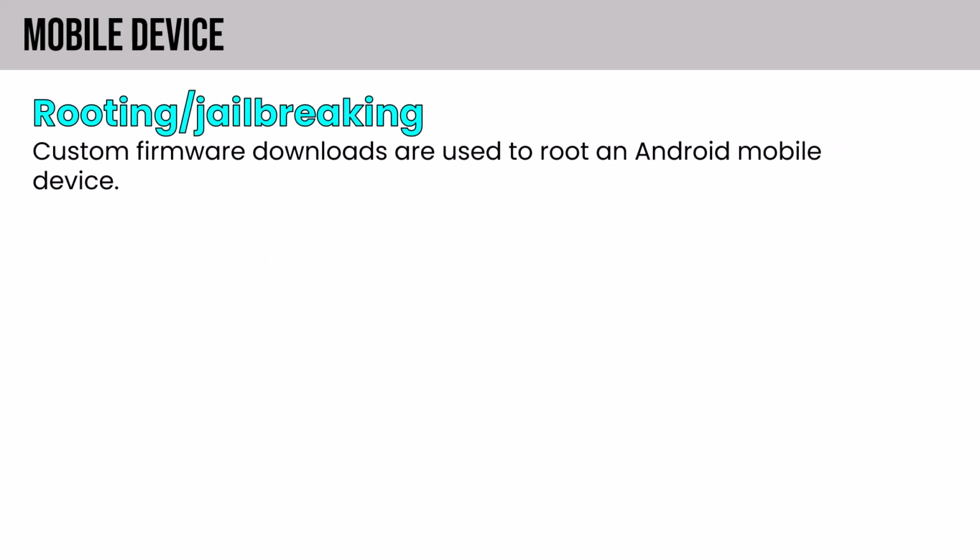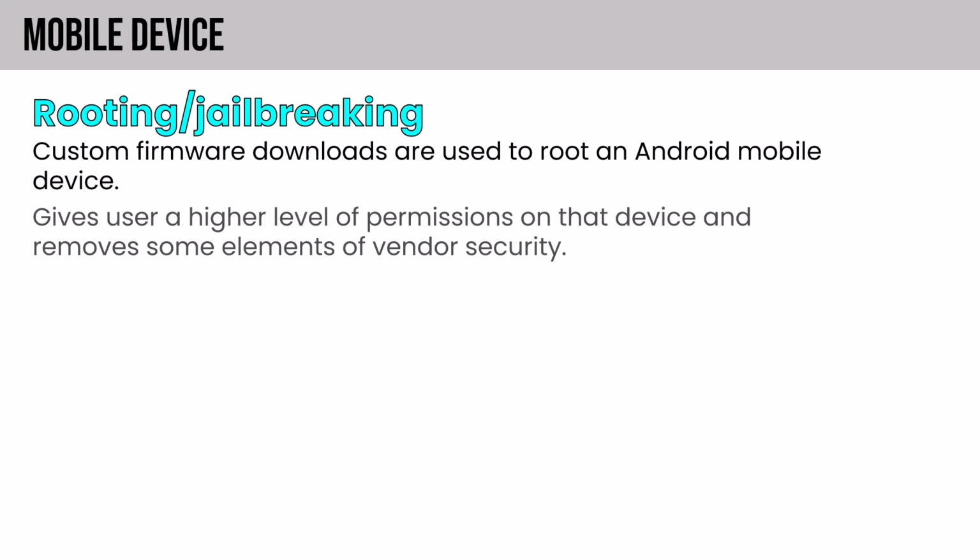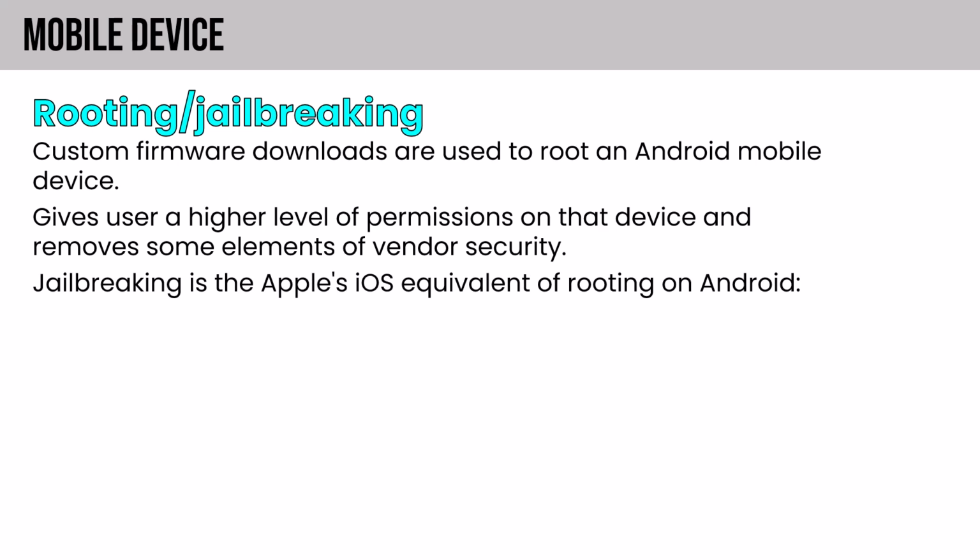Moving on to the mobile device category, we have rooting and jailbreaking. Custom firmware downloads are used to root an Android mobile device, for example. This gives us a higher level of permissions on a device and removes some elements of built-in vendor security. The equivalent on Apple's iOS is jailbreaking.